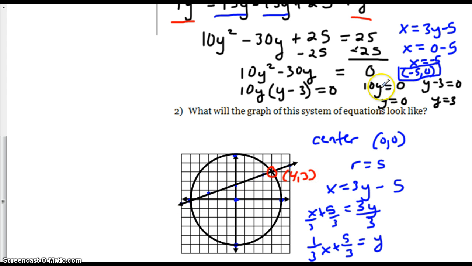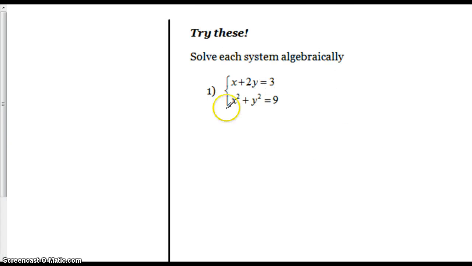And our second one of (-5, 0), we also confirm that. So both methods show that the answers to solving the system of these equations are (4, 3) and (-5, 0).